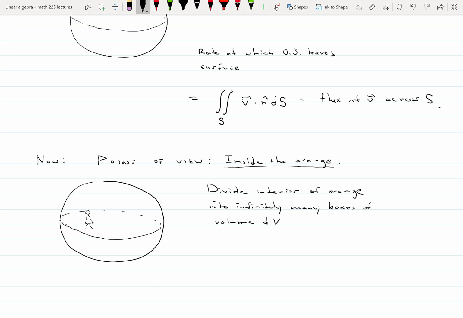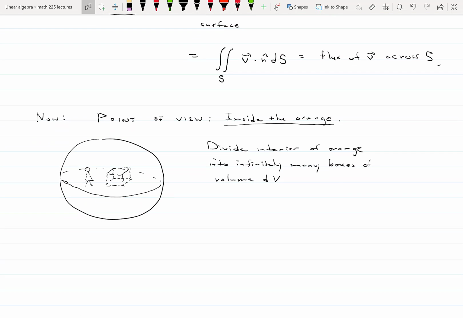Okay, so inside that orange, here's a typical box. This is inside the orange, and this person, we'll call her she. This person can observe what's going on with the orange juice as it leaves that box, just that one little box. And she can go to the next box, the next box, the next box, and so forth.